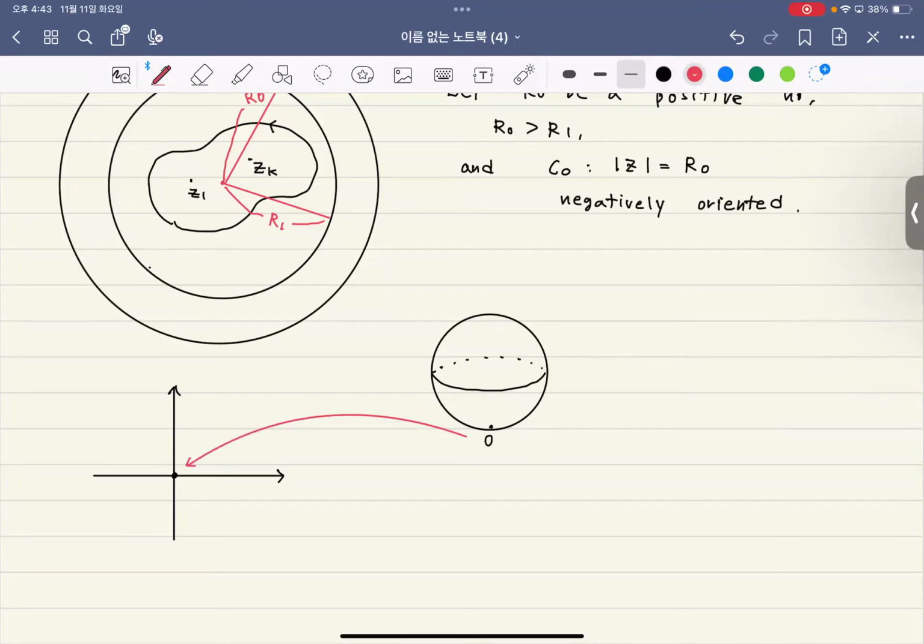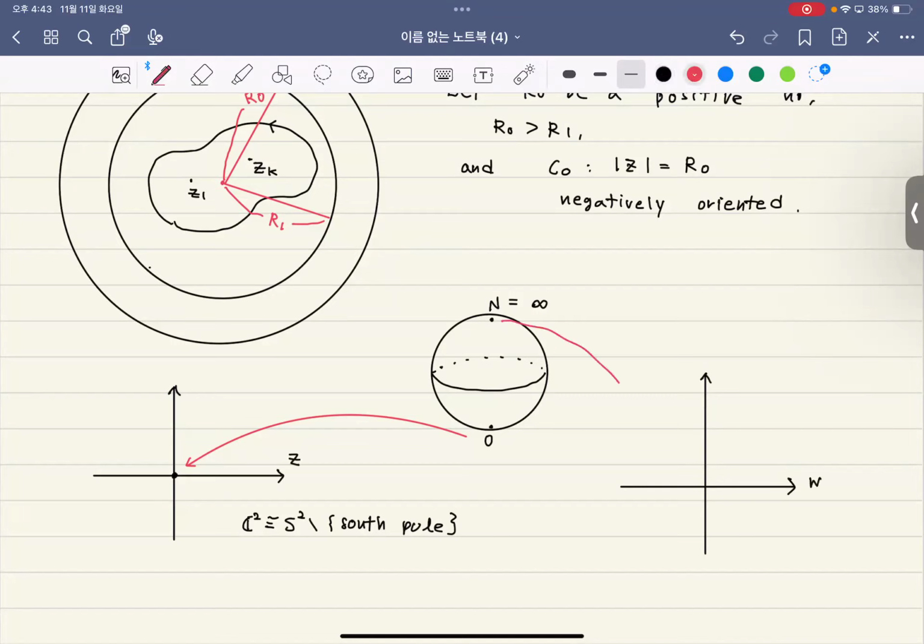Topologically, this is the same as S2 minus the north pole. And this north pole should also be understood as what we sometimes call the point at infinity. This is the z coordinate, and this is the w coordinate.